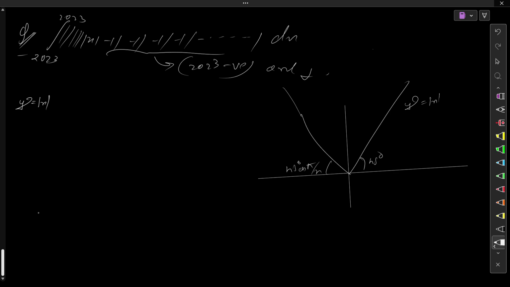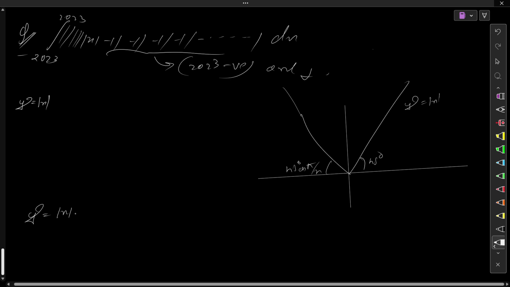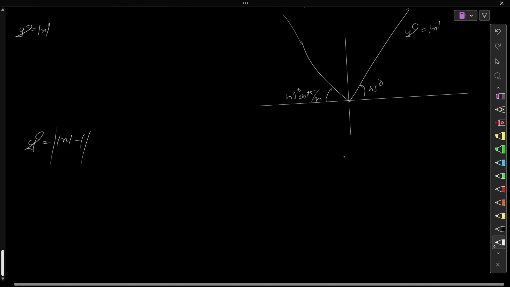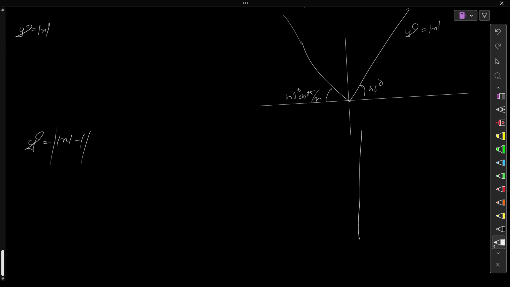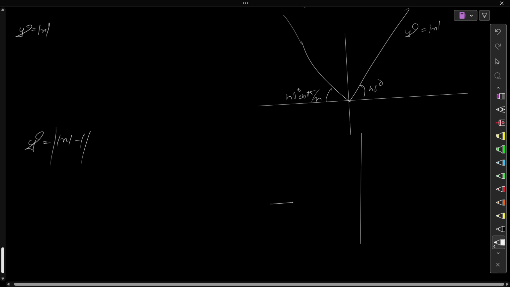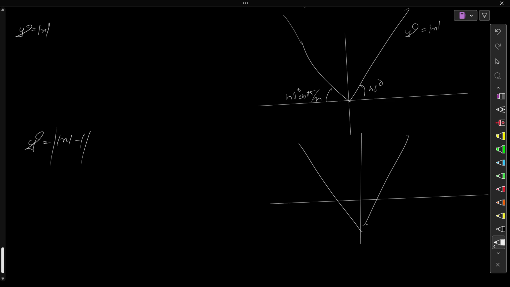Now, in case I plot the graph of y is equal to mod of mod x minus 1, let us see how the graph will look. The function will get shifted down by 1, and the mod will flip it upside. So this would be the graph of y is equal to mod of mod x minus 1. You can even plot it in Desmos.